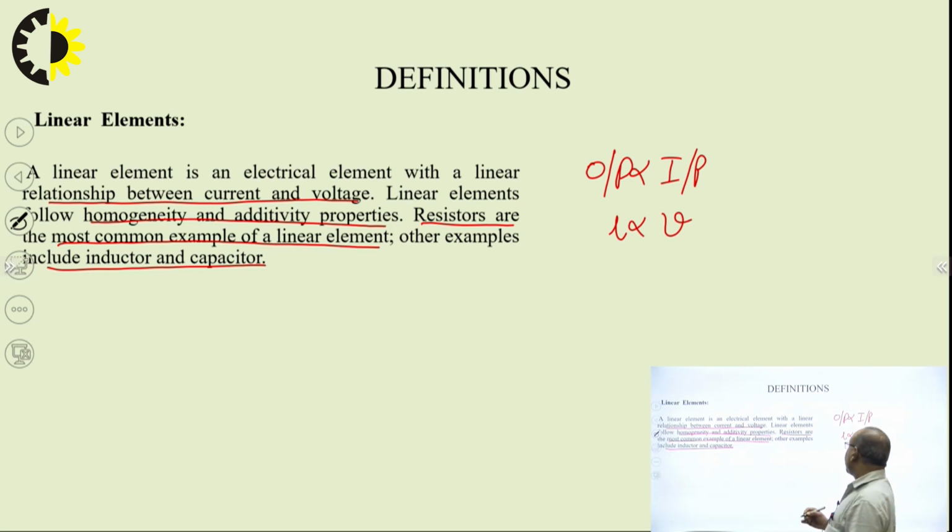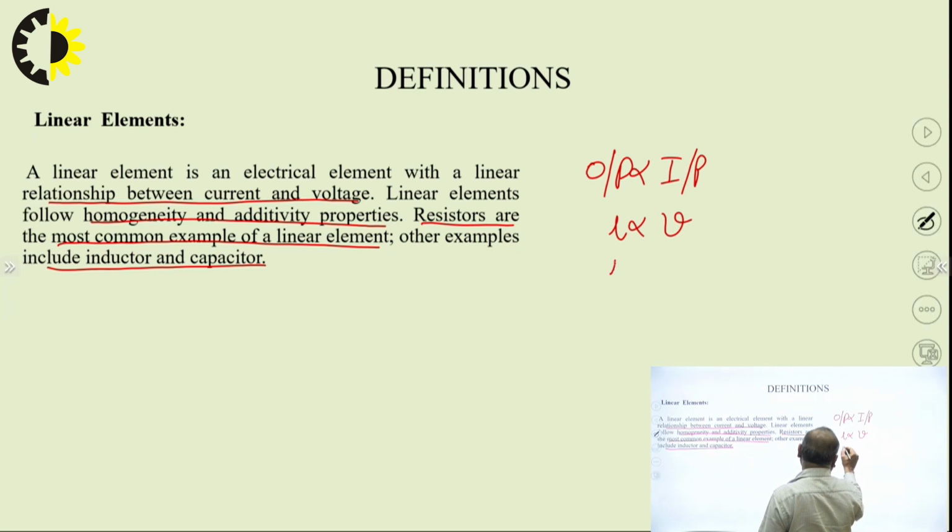Now the additivity property. We can write the equation I equals V by R, where R is the resistance, V is the voltage applied across it, and I is the current.